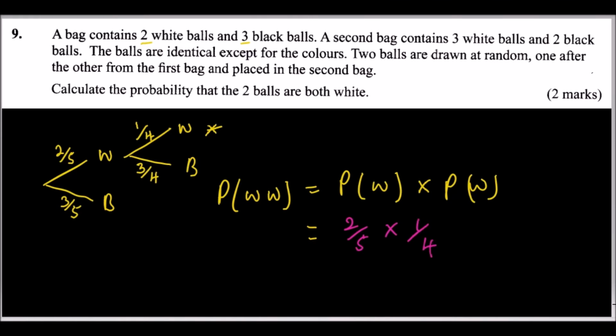You can simplify here: 2 by 2 is 1. So 1 times 1 is 1, and 5 multiplied by 2 gives you 10. So that is the probability that the two balls are white, and you get yourself 2 marks: 1 mark for the method, that is for substituting the probability, and 1 mark for the answer. So that totals to 2 marks.